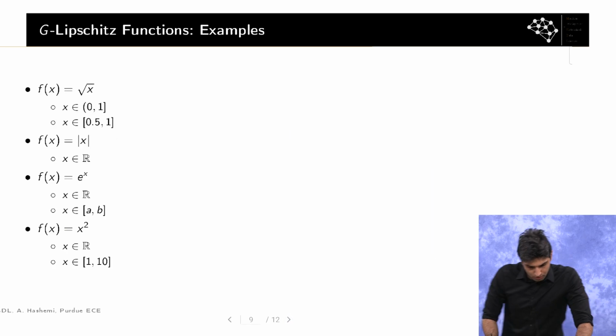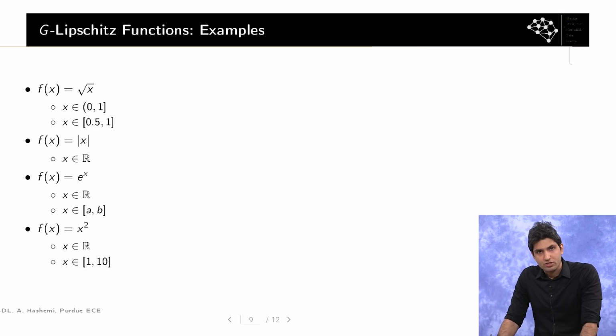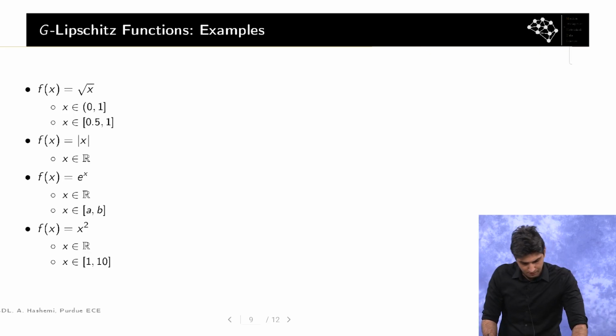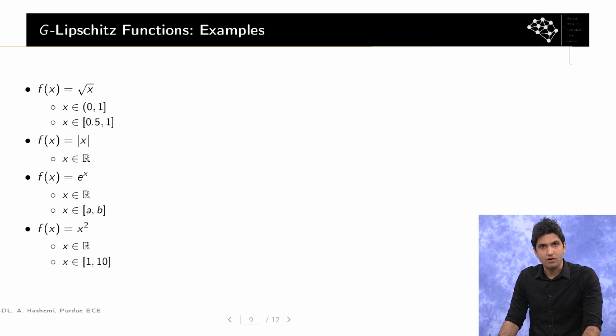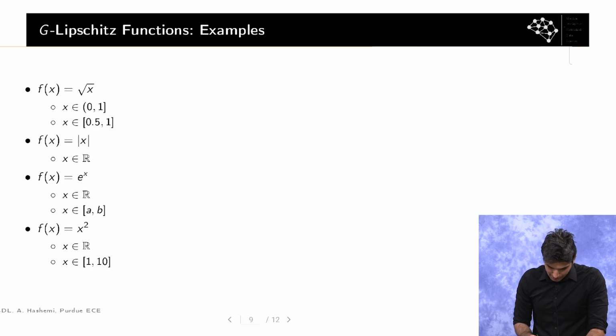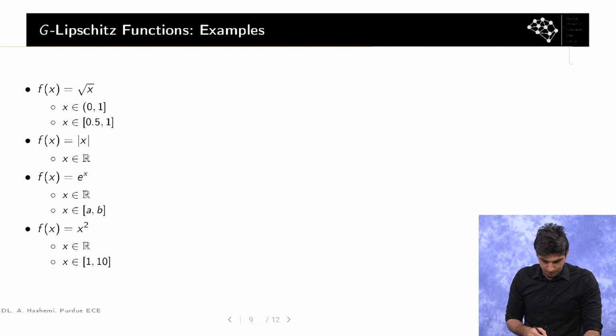All right. So before going back to our discussion on gradient descent, let's go over some examples of functions to see whether they're Lipschitz or not. Okay, so the first example is the square root function, and we want to see whether this function is Lipschitz or not, essentially whether it has a bounded slope or not, when x belongs to this interval versus when x belongs to the second case, the interval between 0.5 and 1.